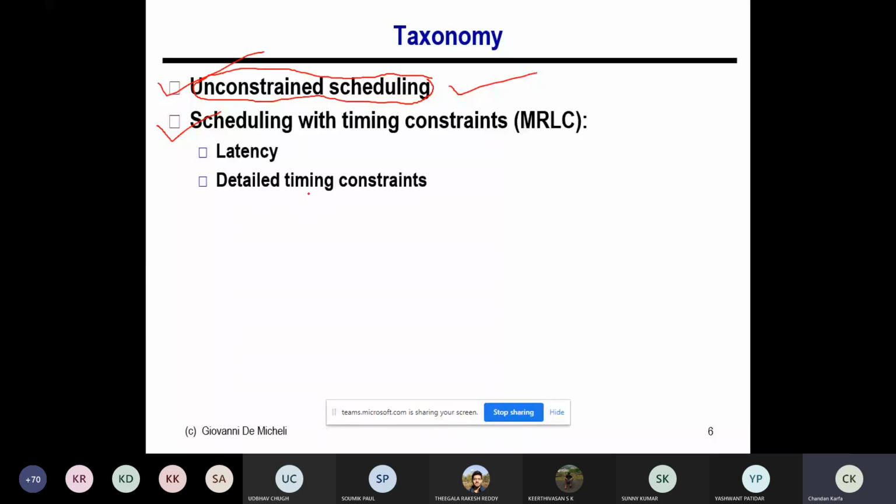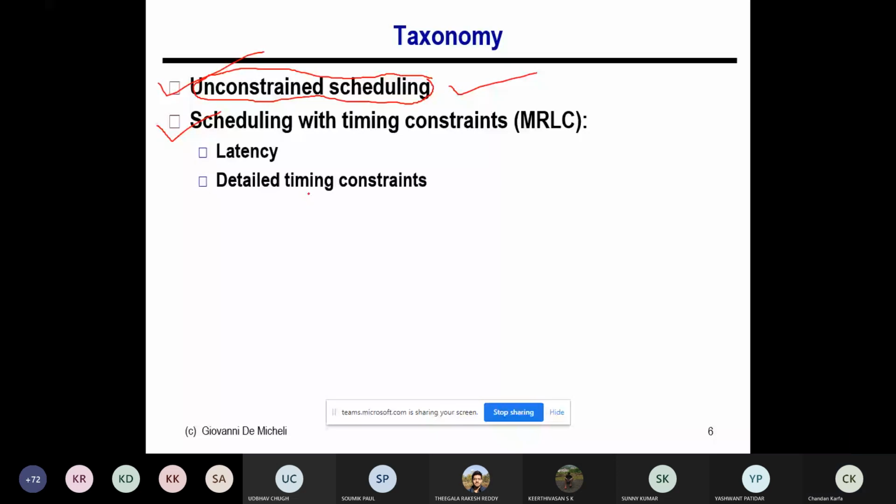You may have 100 possible solutions which satisfy the target clock with target latency constraint k. You give the solution which gives minimum resource. So under MRLC, the objective is not to reduce the latency, rather to reduce the usage of resource.